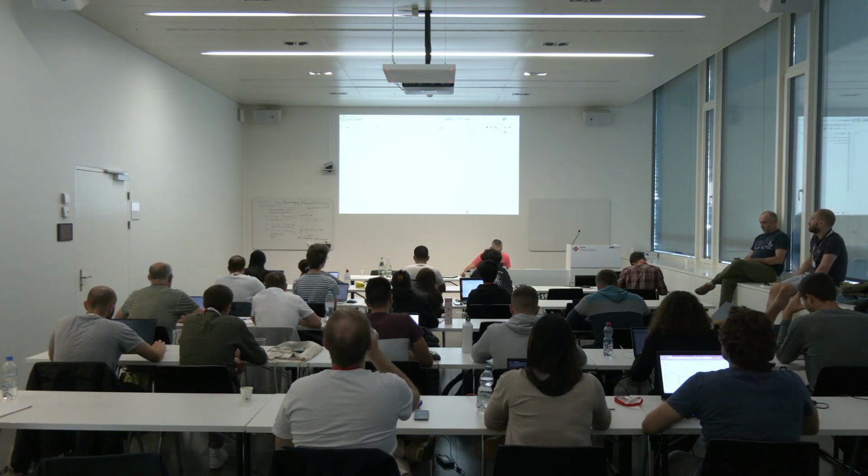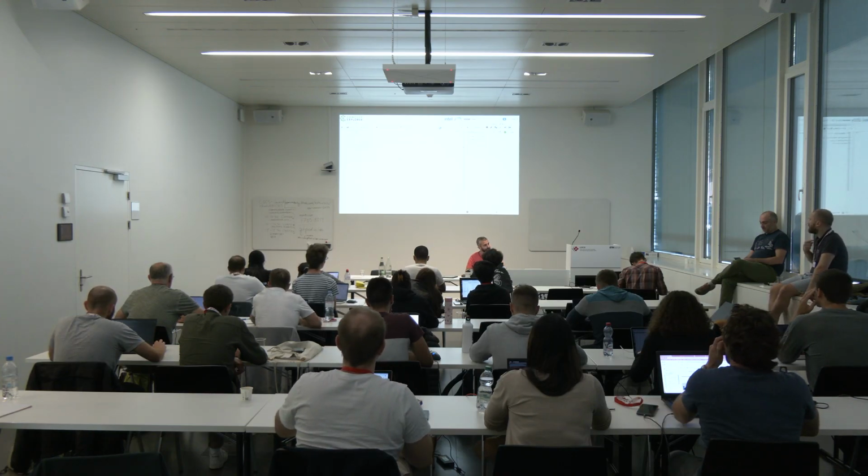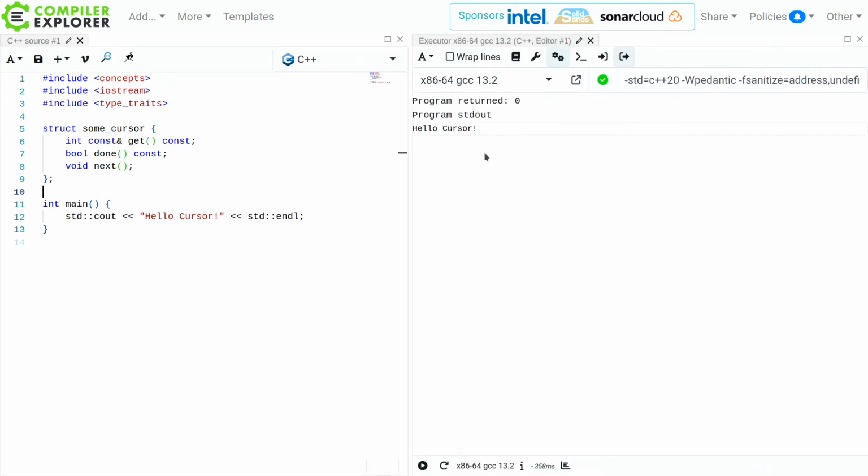Okay, let's go. We will implement this generic cursor library, and we do this on Compiler Explorer. We use a very recent version of GCC. We use C++20. And we enable good error messages. We want to see all the warnings, and we enable some sanitizers to make sure that our code is fine.